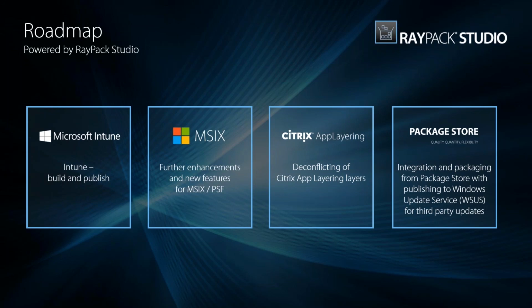And finally, we're also working on the package store integration, which is already in the product, but where we put more attention would be, again, Intune, but also support for third-party patching with the help of WSUS. So pretty interesting topic, and stay tuned for updates from Raynet to hear when we are ready with that. Yeah, so that will be more or less the roadmap, what we plan with RayPack.